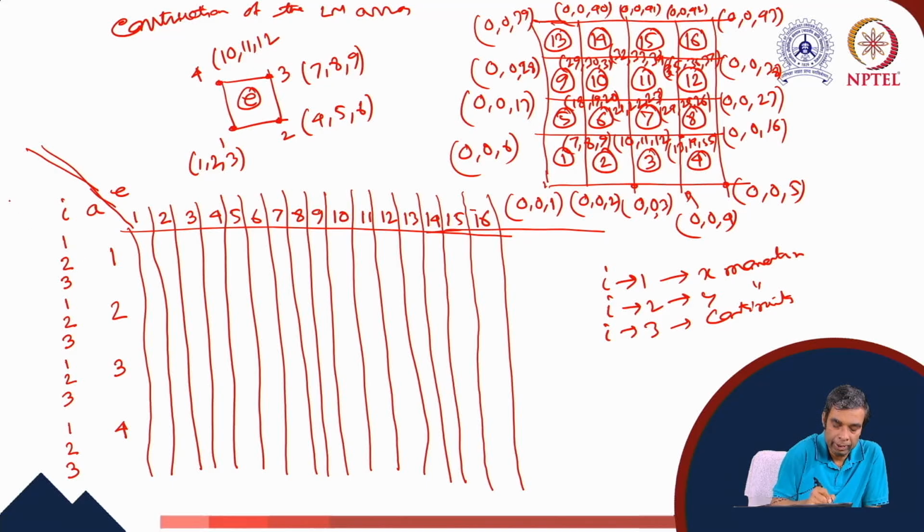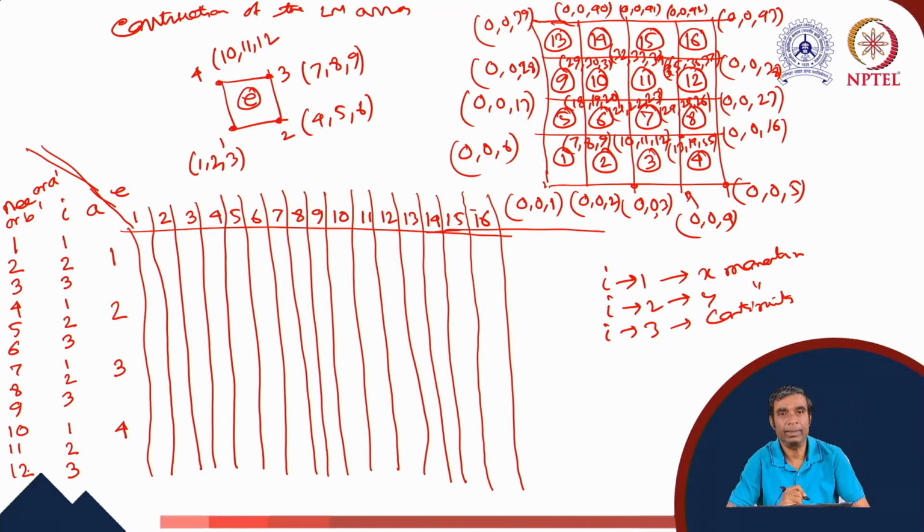So at the end we have a column for NEE or A prime or B prime. For local node 1, first degree of freedom, A prime is 1, then it is 2, then it goes to 3, 4, 5, 6, 7, 8, 9, 10, 11, 12.